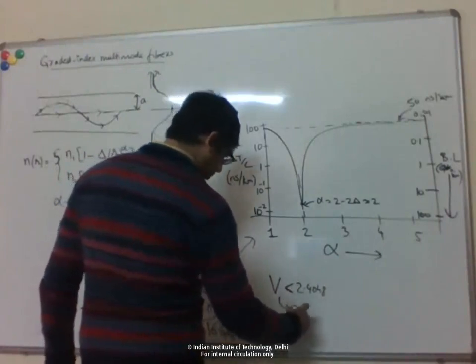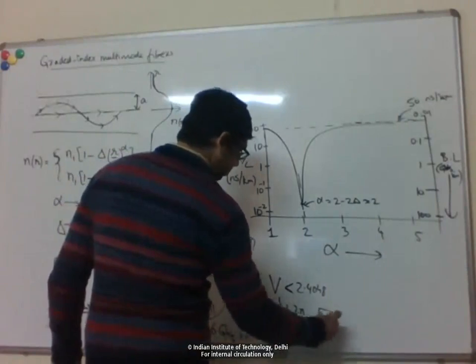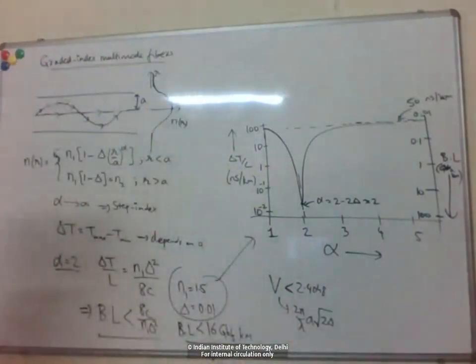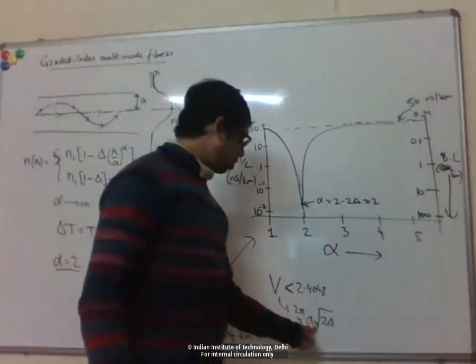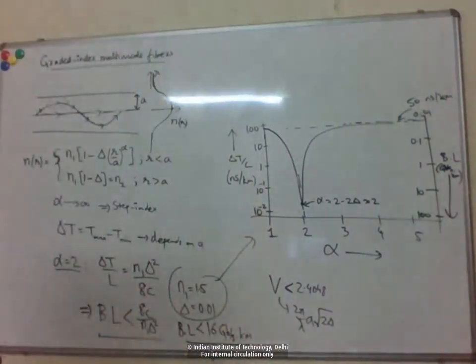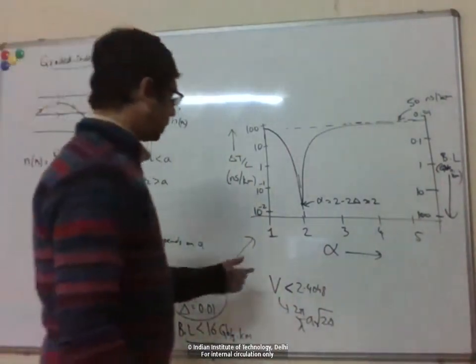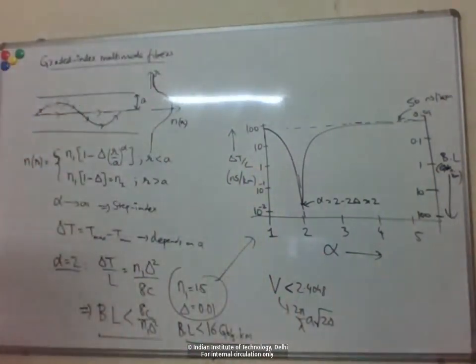So this depended on the core size and this index difference, right? So people figured out how to make smaller core sizes and smaller index contrast, such that the fiber operated as single mode in this infrared range of wavelengths, or near infrared range of wavelengths, right?